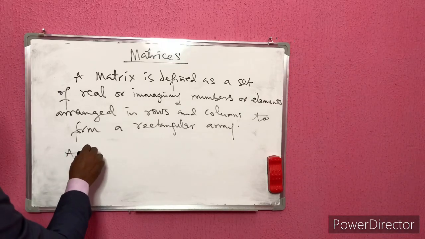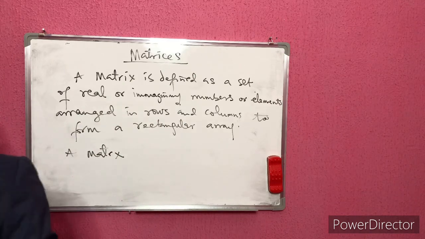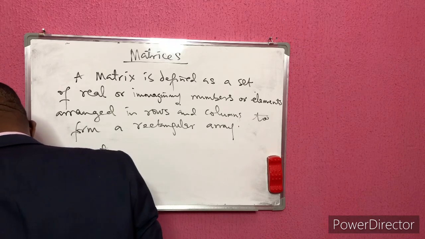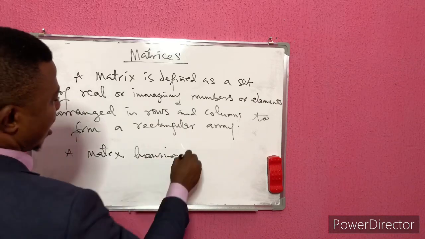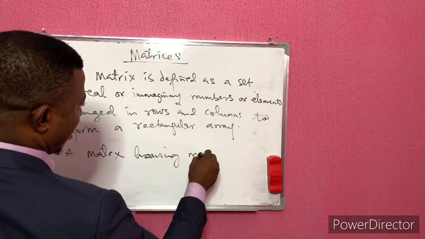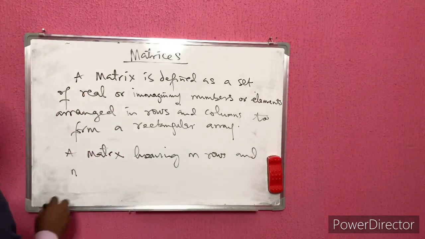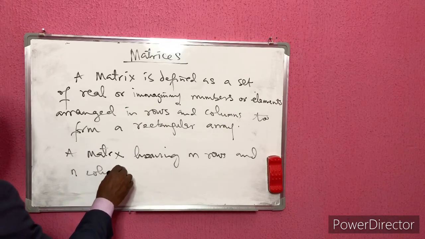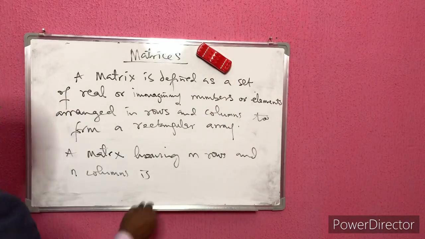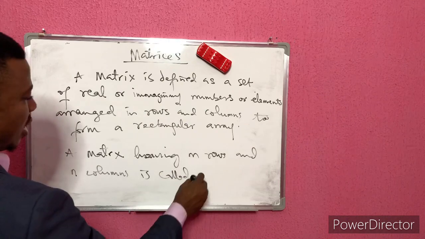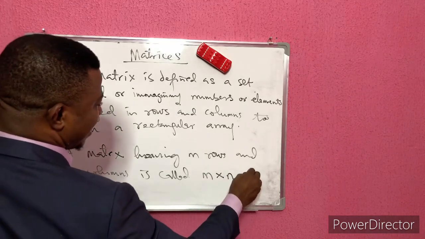A matrix having m rows and n columns is called an m by n matrix.